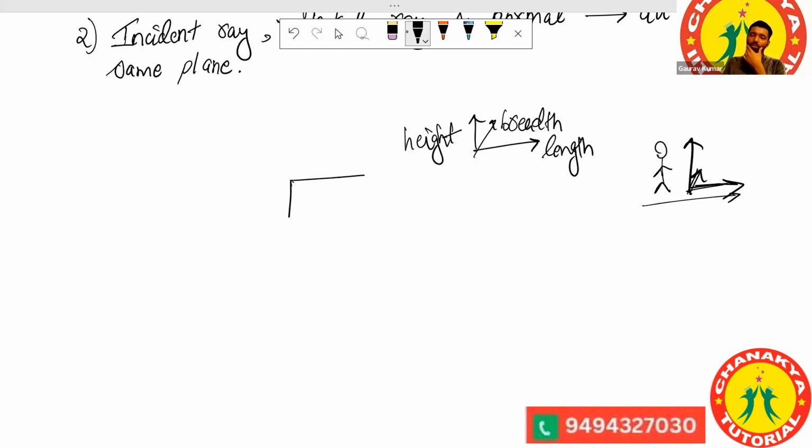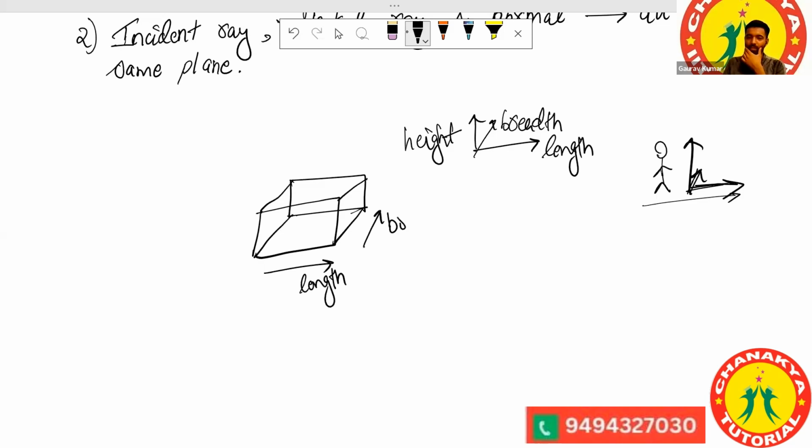Assume a box. This is a box. This box has length. This has breadth.